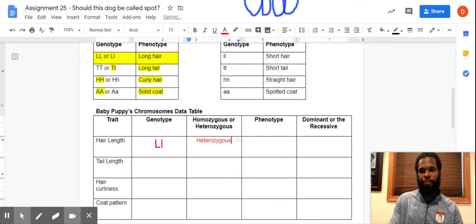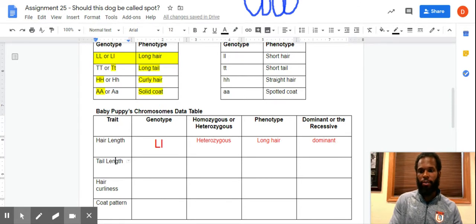All right. Big L, little l, that codes for long hair. And is it dominant or recessive? Dominant means it occurs more often than the recessive trait. If there's one capital letter, it's dominant. As long as there's one, it's going to be dominant.